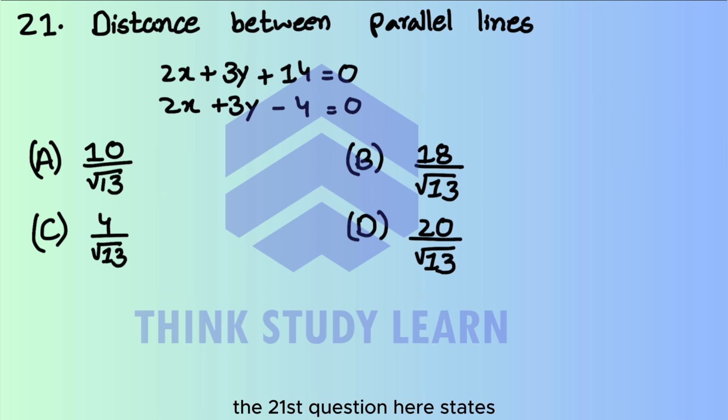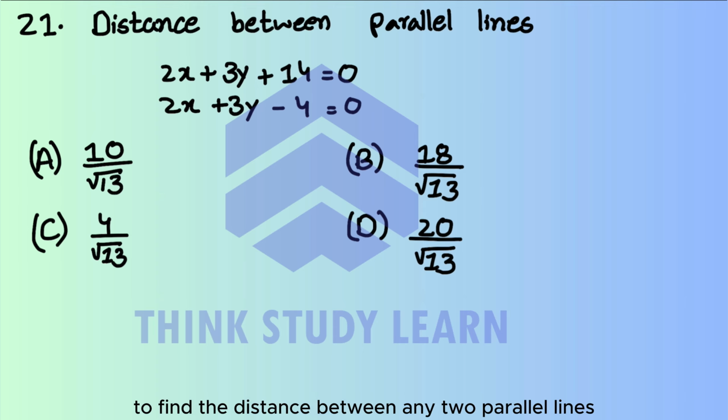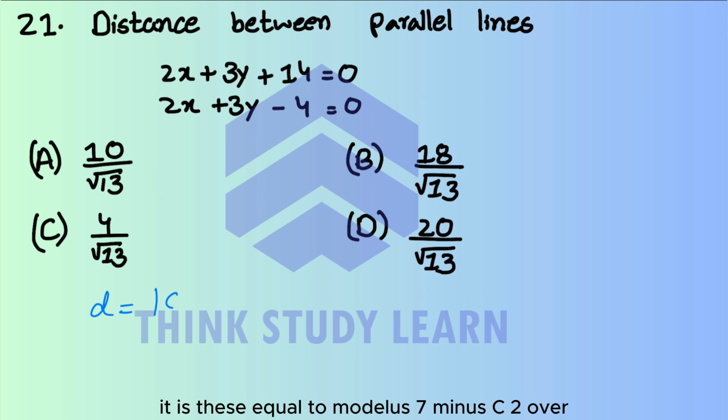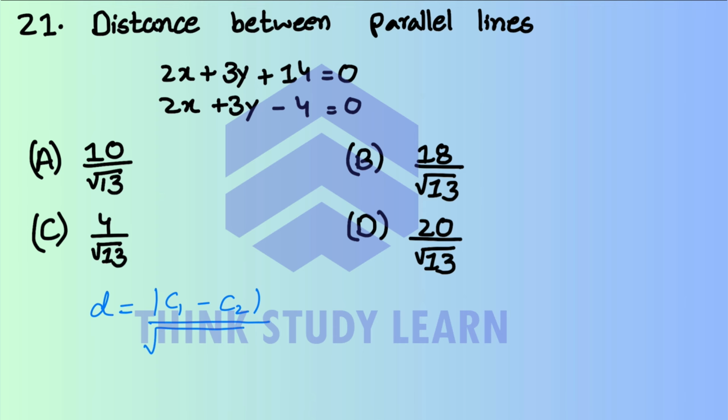The 21st question here states find out the distance between parallel lines 2x plus 3y plus 14 is equal to 0 and 2x plus 3y minus 4 is equal to 0. So we know that the formula to find the distance between any two parallel lines is d is equal to modulus c1 minus c2 over square root a square plus b square.